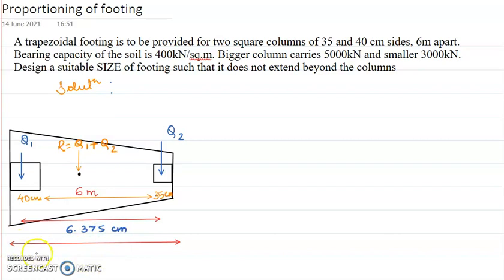And for the total length of the trapezoidal footing, as there is no cantilever told, it will be equal to the distance between the outer faces of the columns. That will be 6.75. I hope all these things are clear.